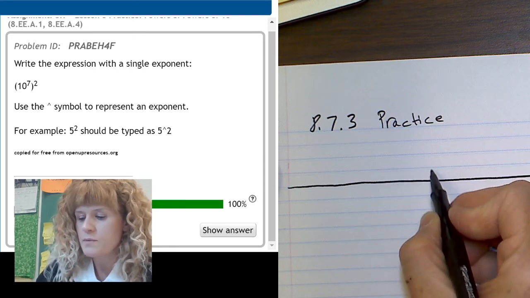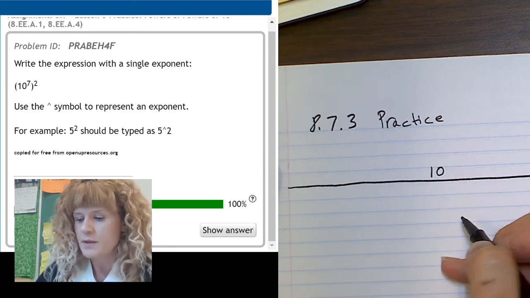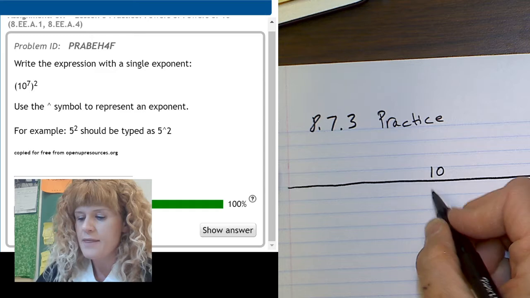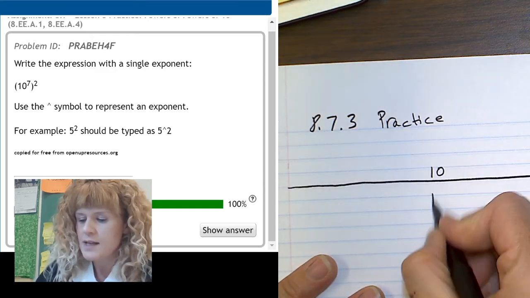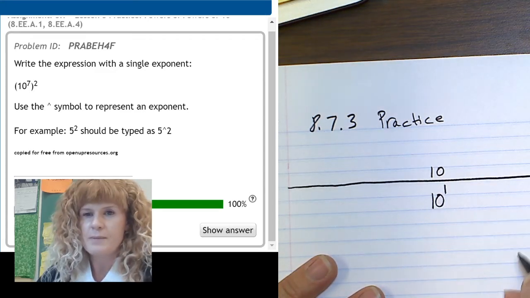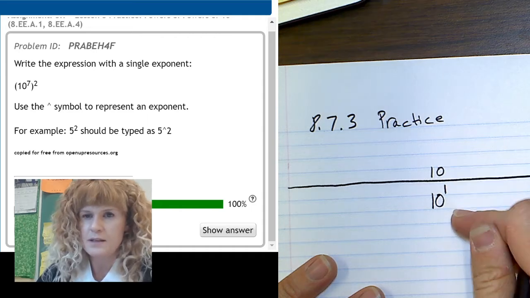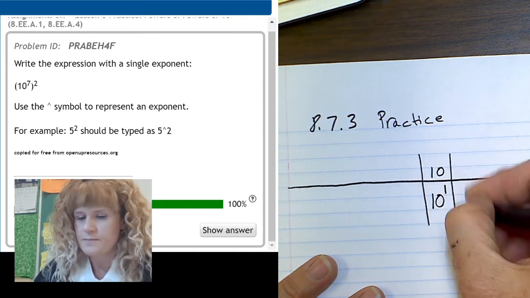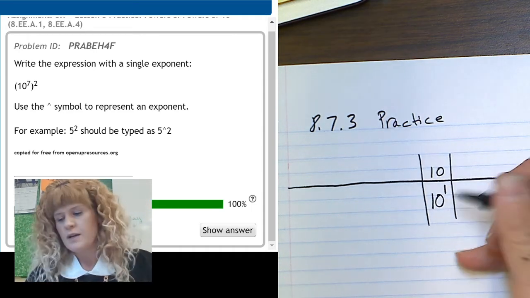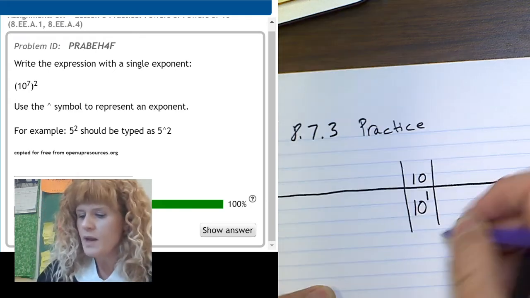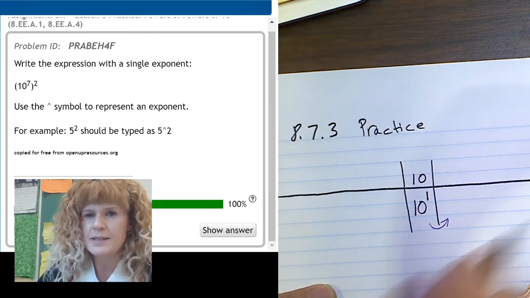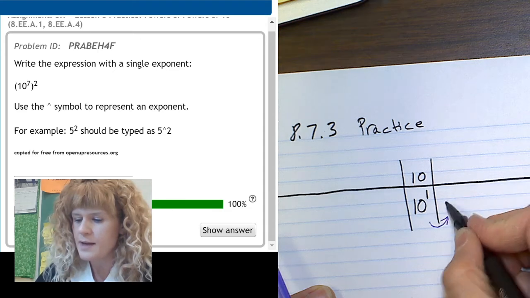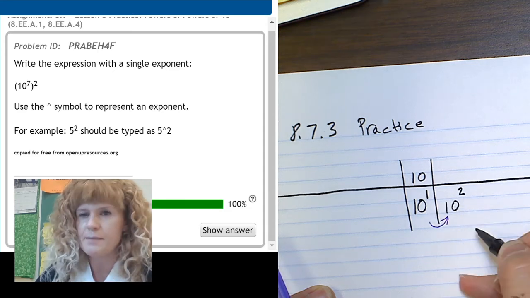I want you to start with 10. Okay, number 10. And that is 10 to the first power, right? 10 equals 10 to the first power. Easy enough. Now, I'm going to multiply by 10. When I multiply by 10, I get 10 to the second power.